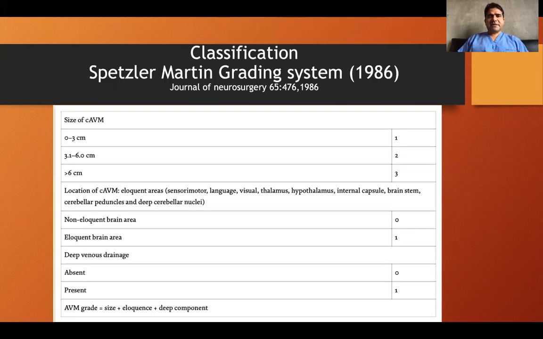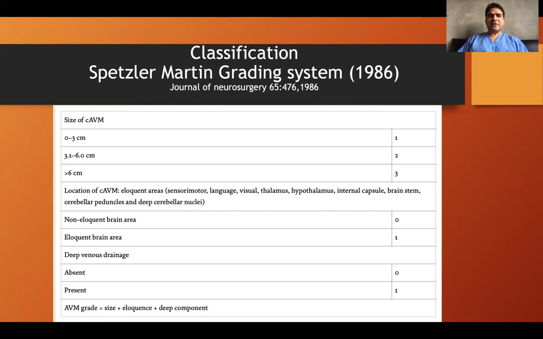Another grading is the Spetzler-Martin grading system. This is an evolution in the management and different approach for cerebral AVMs, and was published in 1986 in the Journal of Neurosurgery.